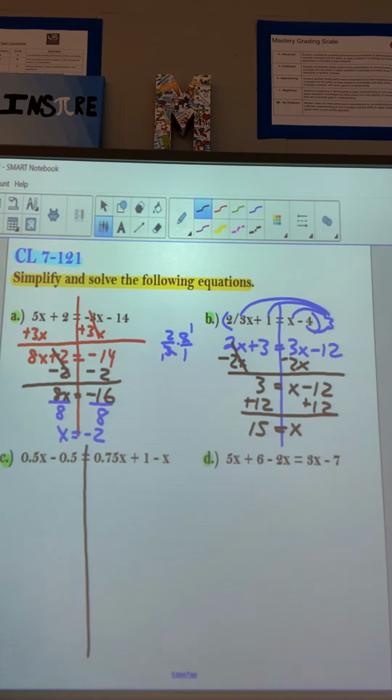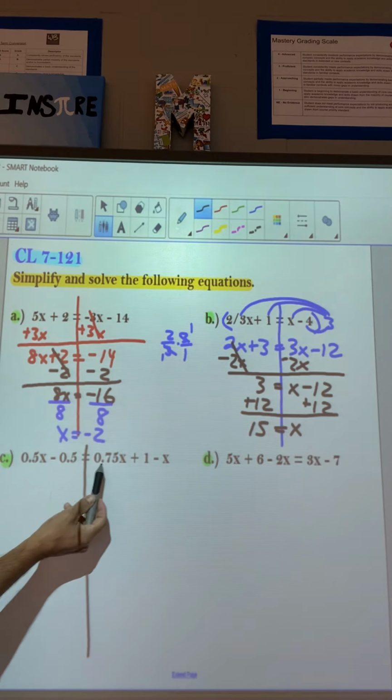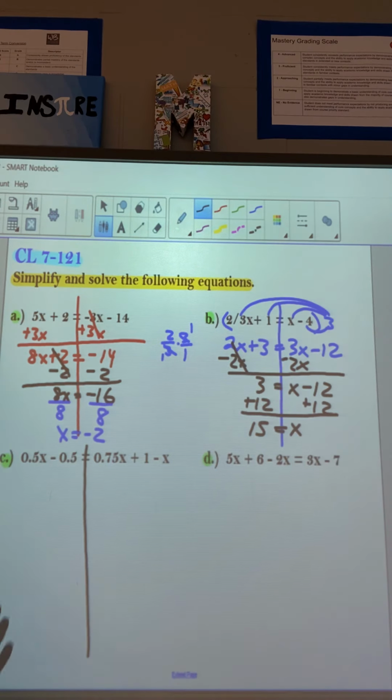We have decimals. Again, if you don't like decimals, you can bust them out of here by multiplying by a number, and that's what I'm going to do. So I notice I have one decimal place, 2 decimal places. So I'm going to multiply everything times 100, 2 decimal places.